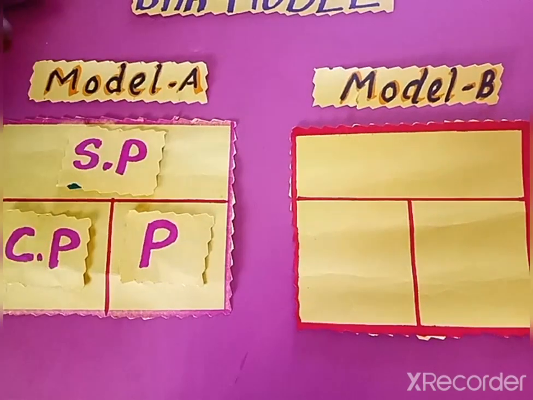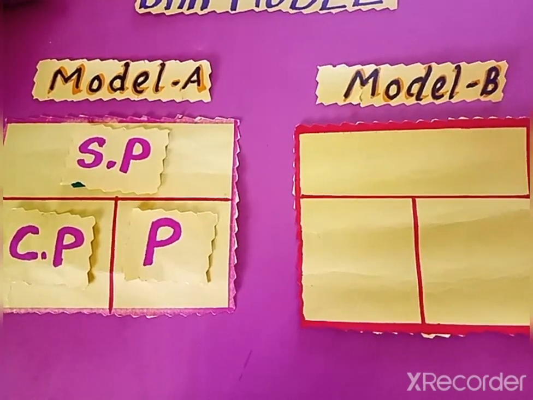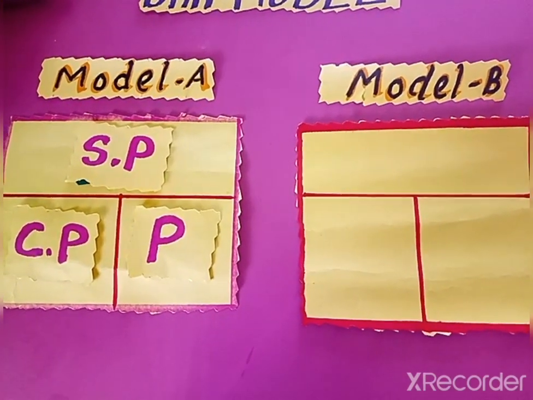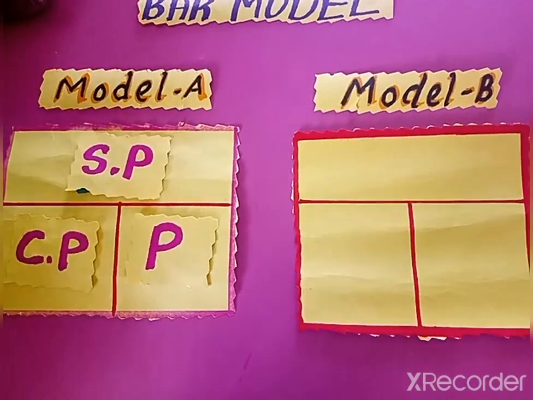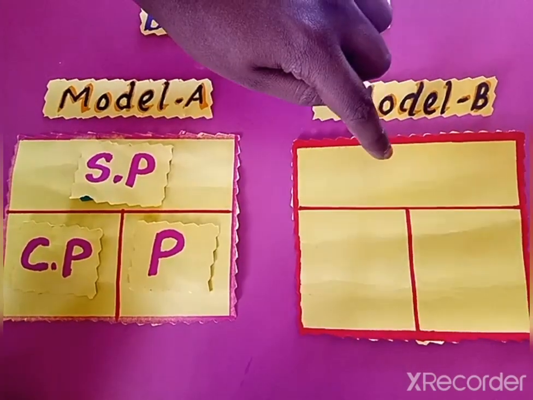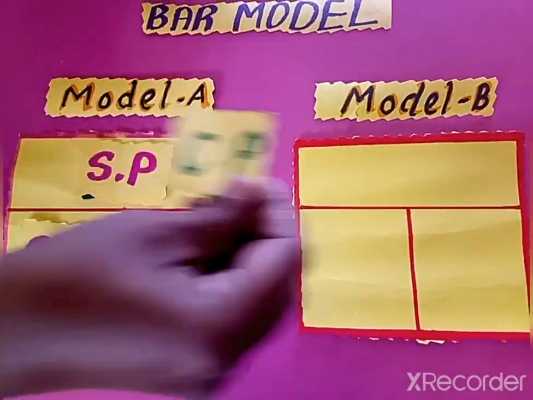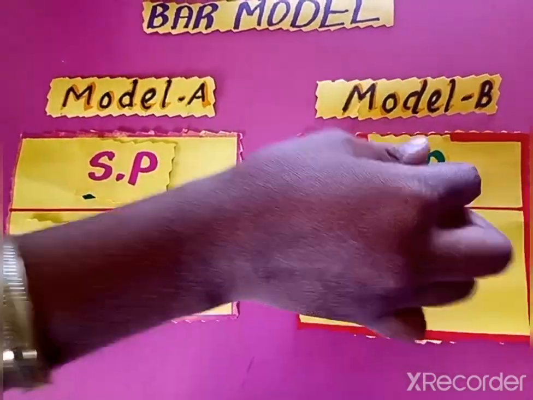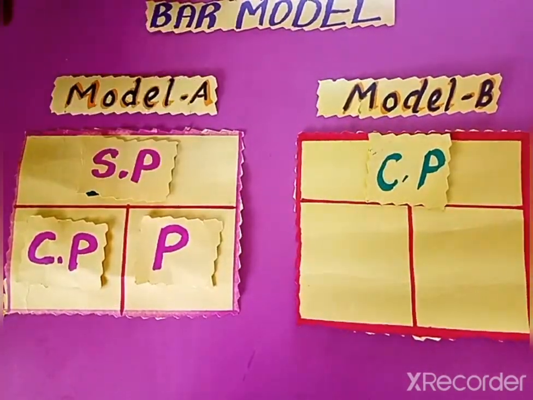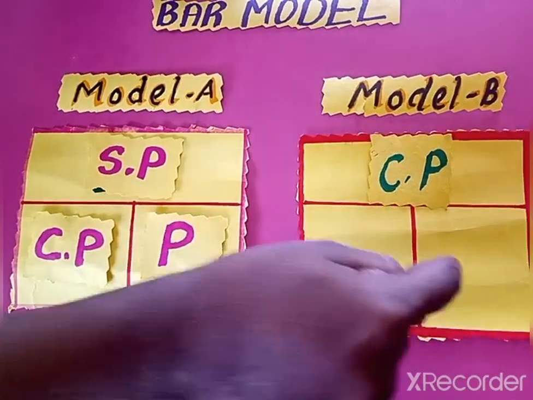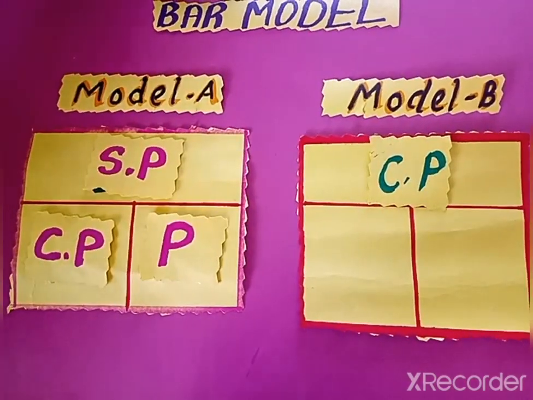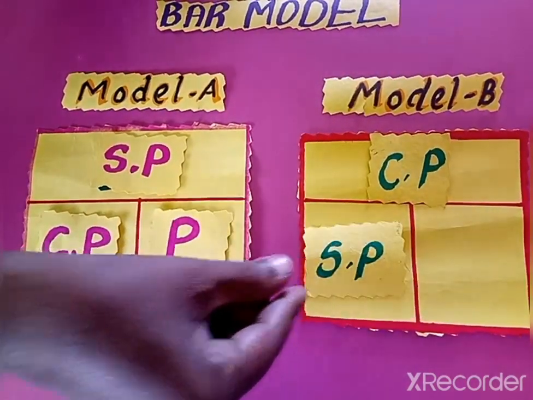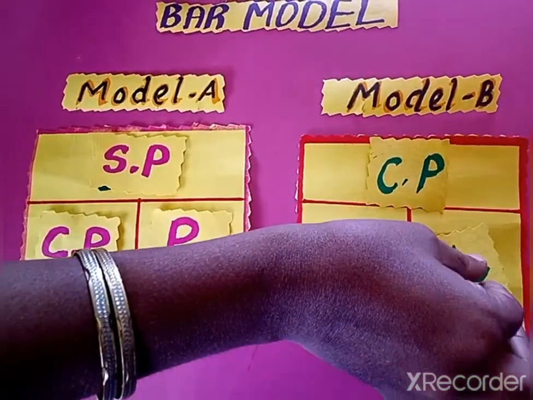When we get loss, what will be the greater value there? Yes, cost price will be the bigger value we know. So in the whole part, what will come? It will be cost price, right? This happens in the case of loss. And in the parts, what are the things that will come, do you think? Yes, it is selling price and loss. Am I correct, children?